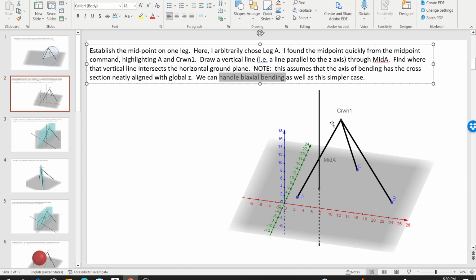geometrically. What I need to do is drop a vertical plane here. Now I know that plane will capture A and crown 1, but I need a third point for a vertical plane. I could have passed a vertical line through crown 1 and seen where it pierces the ground plane, but I chose to drop a vertical line through the midpoint of the strut and detect where that line pierces the horizontal plane, just because I need this point anyway.